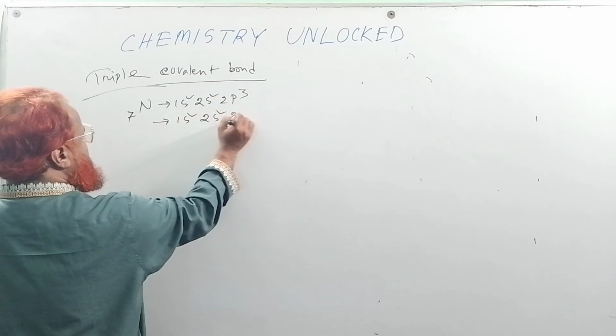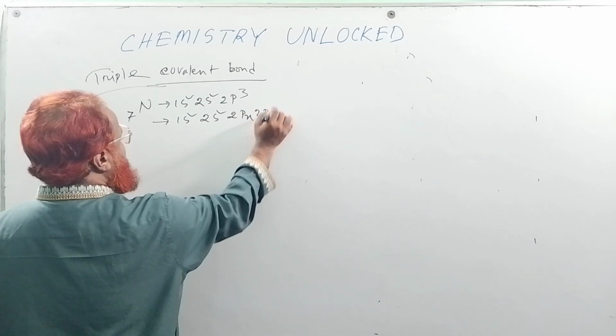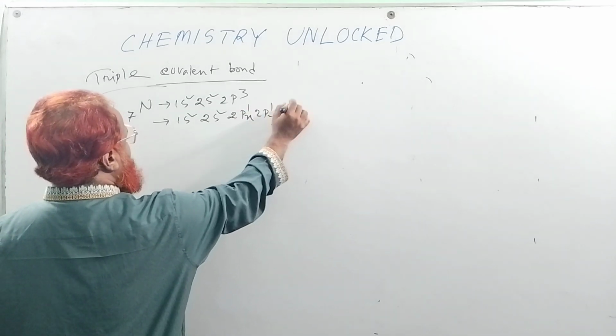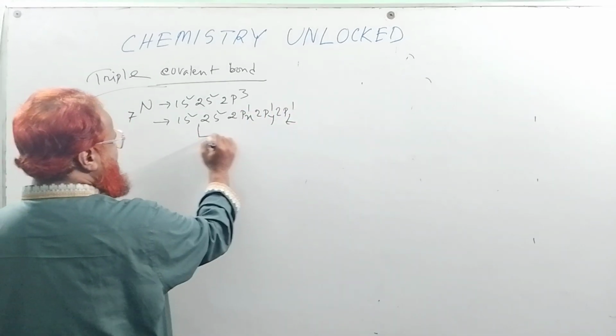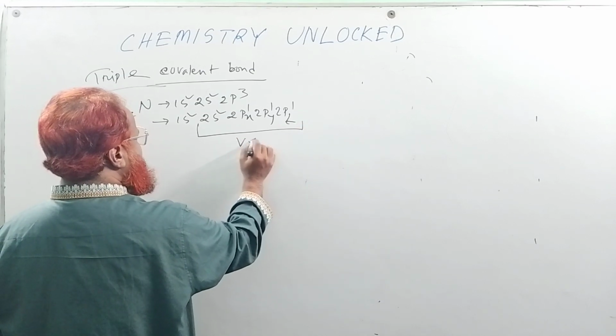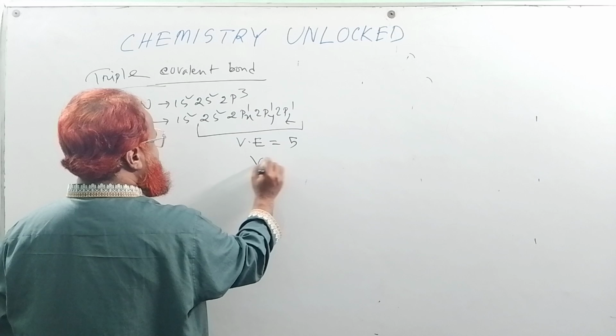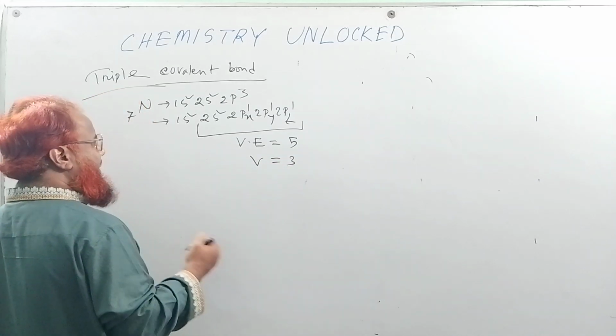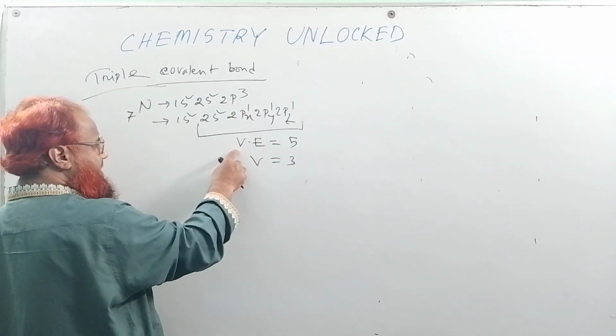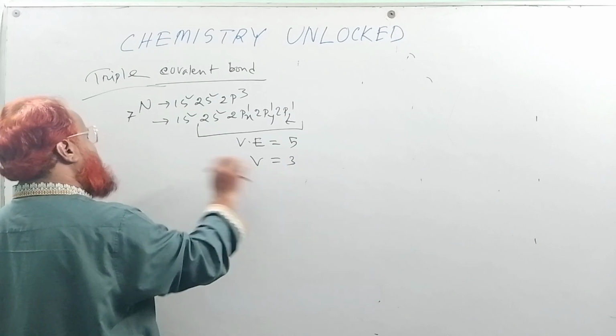1s2, 2s2, 2px, 2py, 2pz, 1, 1 and 1. So this is the valency shell. Valency electrons are here 2, 3, 4, 5. Valency is 3. Why? The total number of electrons is the valency electrons, but the number of unpaired is the valency.